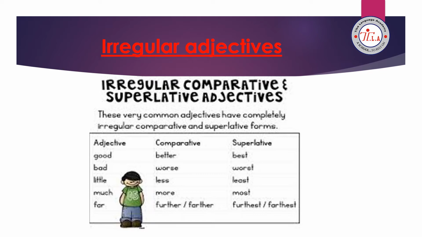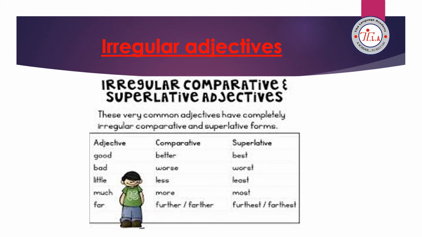You have never heard the word gooder. That's why in the comparative form good becomes better. In superlative, best. The adjective bad in comparative is worse. In superlative it's the worst.